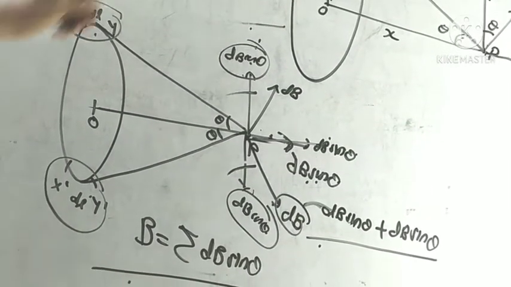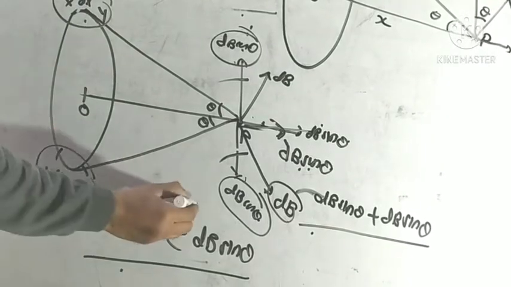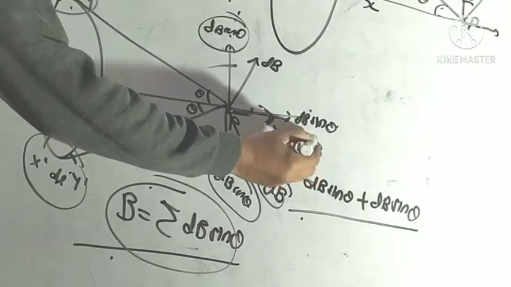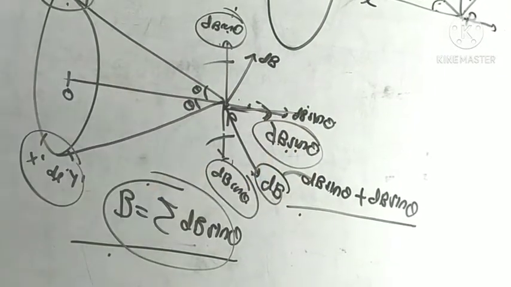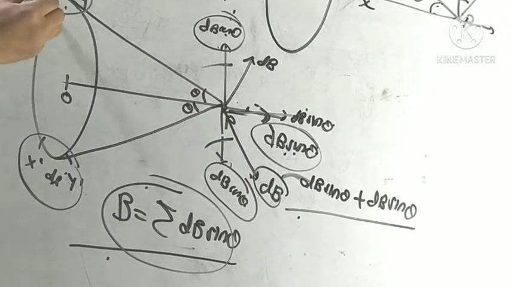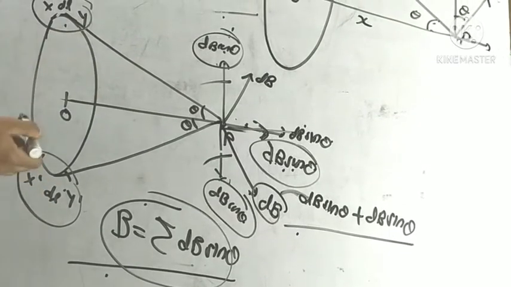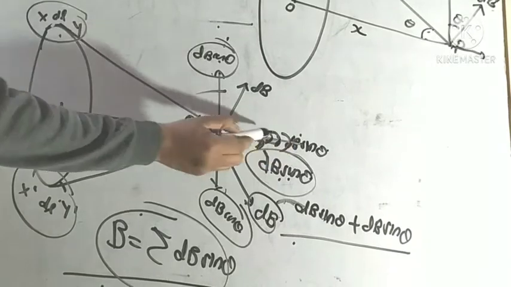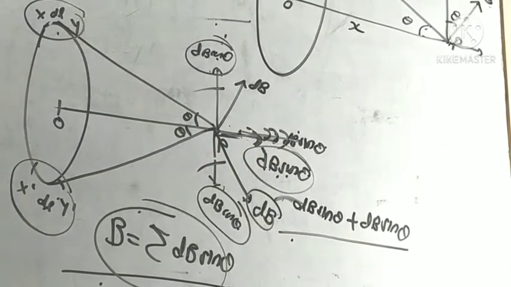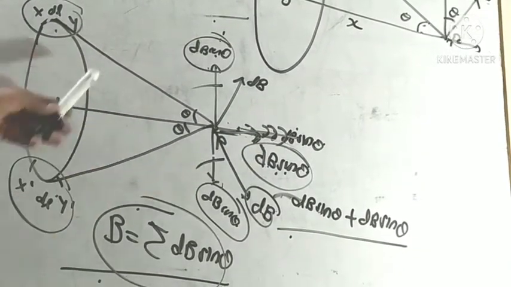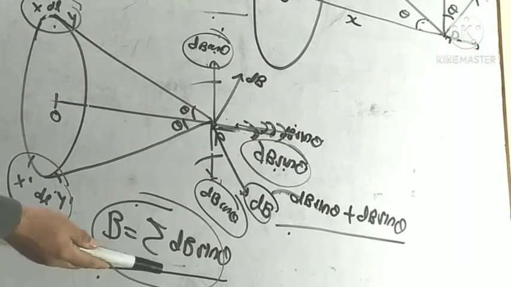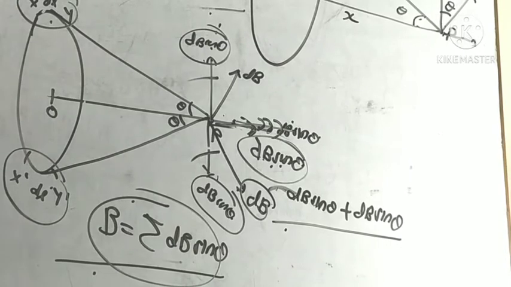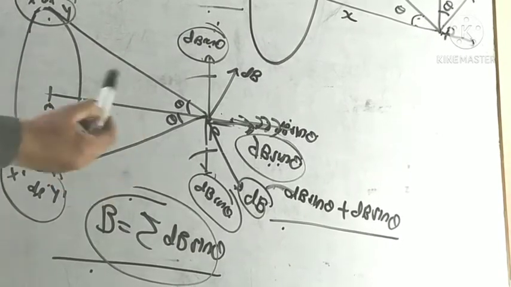How does this happen? Because the dB sin theta components due to each of the several elements present here are directed in the same direction. Therefore the magnetic field at point P due to the whole coil is equal to the sum of all dB sin theta components due to each element.